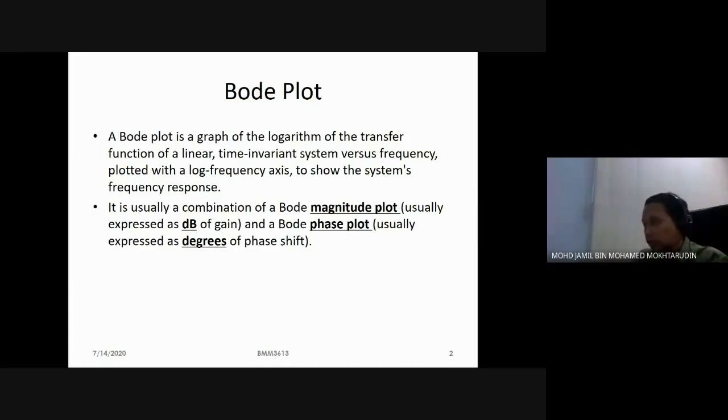You already know that a transfer function can be described in terms of magnitude and angle. So for the magnitude in the Bode plot we use decibel, and the angle we retain the same, in degrees, and we call it phase shift of the Bode plot.